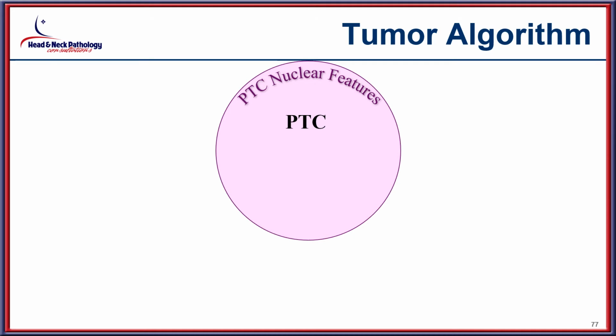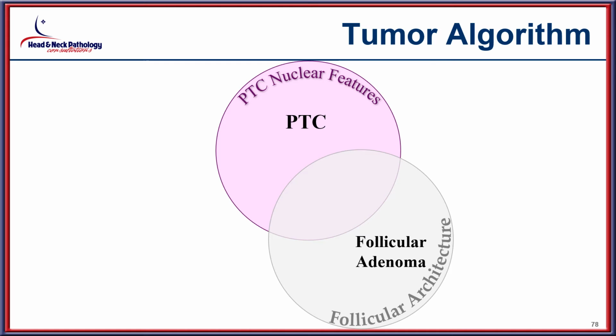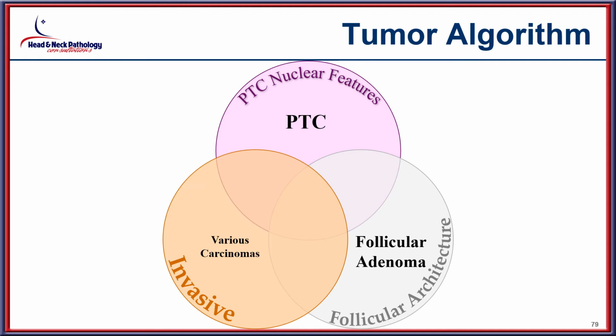Having said that, let me just put this in a different context. The nuclear features of papillary thyroid carcinoma, a follicular architectured lesion, and invasion versus no invasion. If you look at this, you can see that there is clearly overlap between each of these particular categories. If you actually put in the other diagnostic categories, you can see that NIFTP is really a very small component of other tumor entities that can be seen within this particular group.